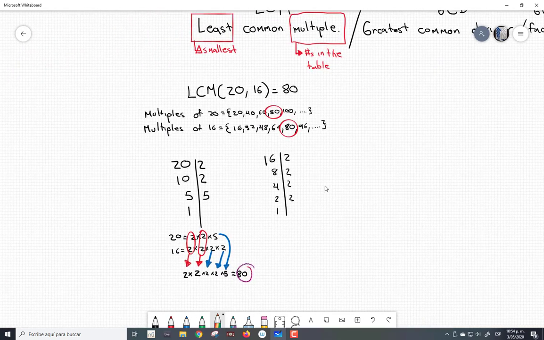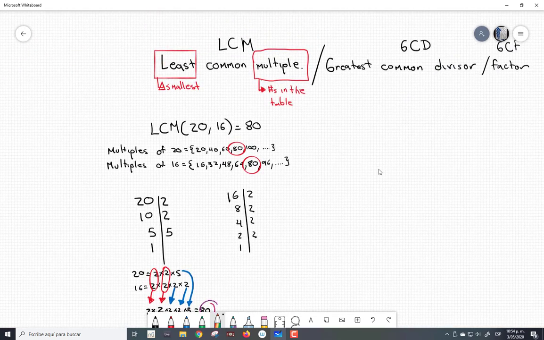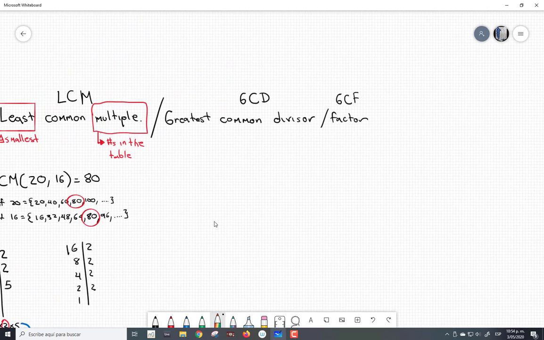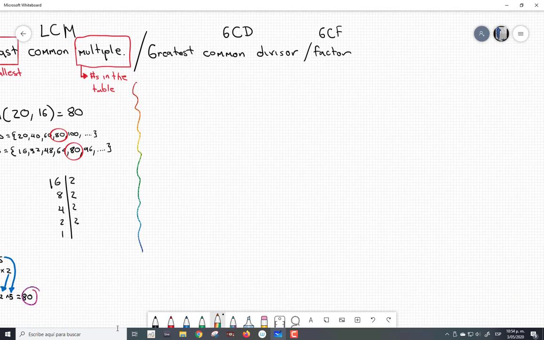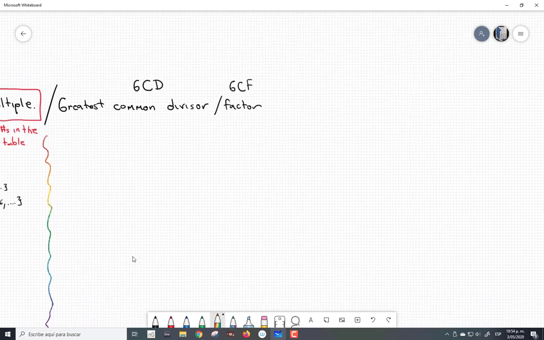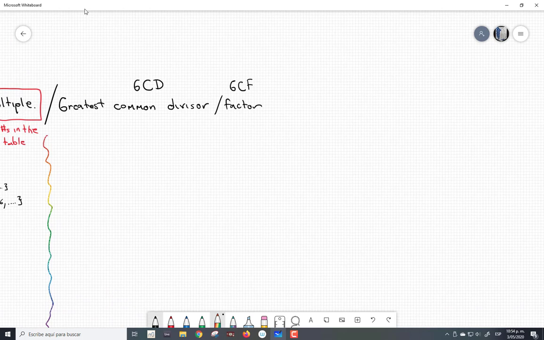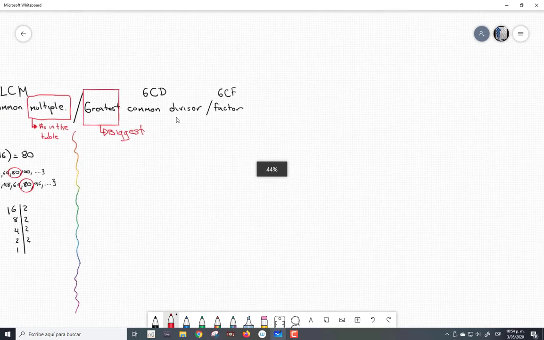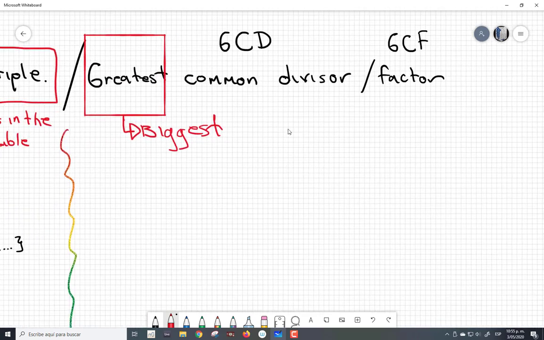Now, let's talk about the concept of greatest common divisor or greatest common factor. Remember, it is the same exact thing, just with different names, but it is the same. Okay, so greatest is the biggest. Divisor that the 2 numbers have in common.